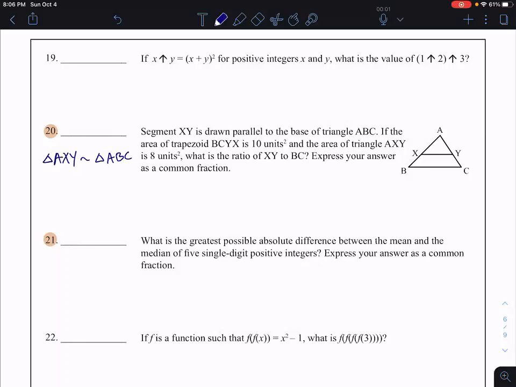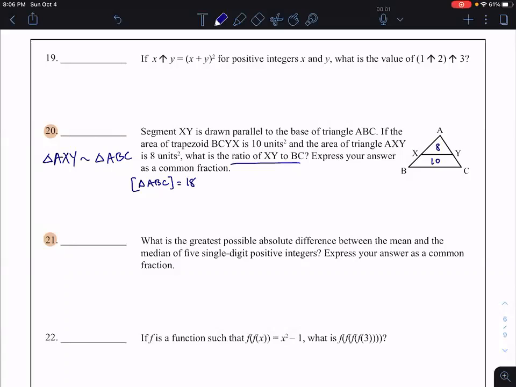So we can use proportions, ratios to find what this ratio is. So the area of triangle AXY is 8, and the area of this trapezoid is 10, so that means the area of triangle ABC is 10 plus 8, or 18.